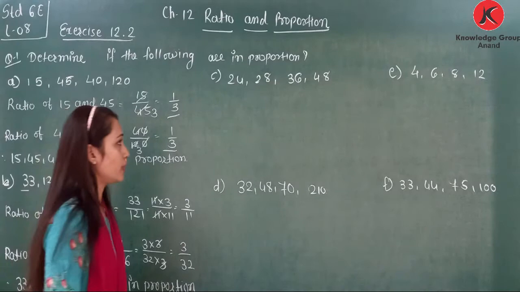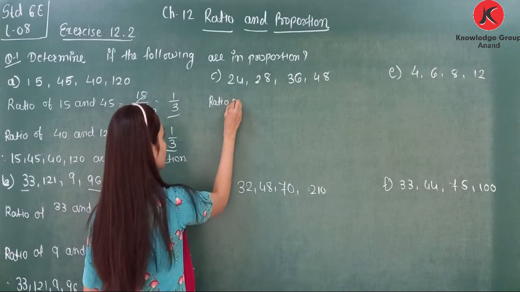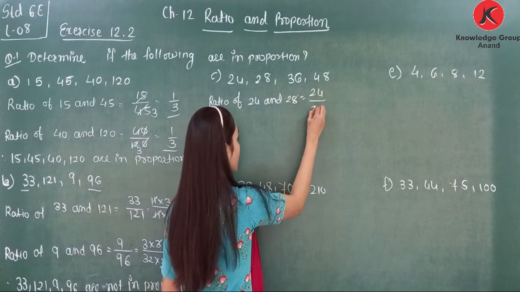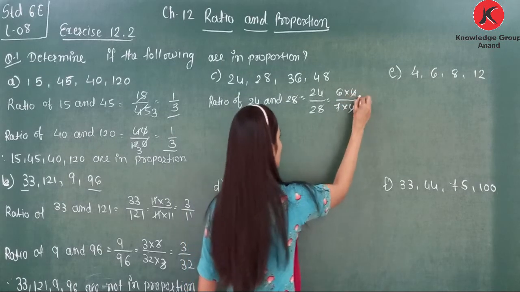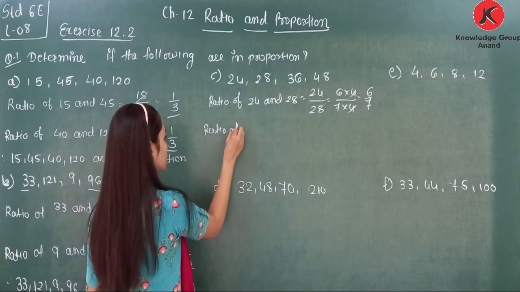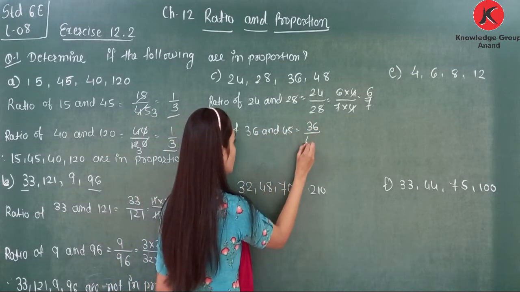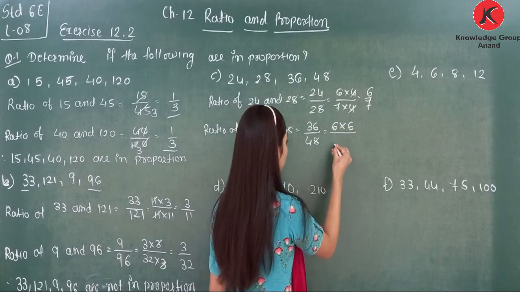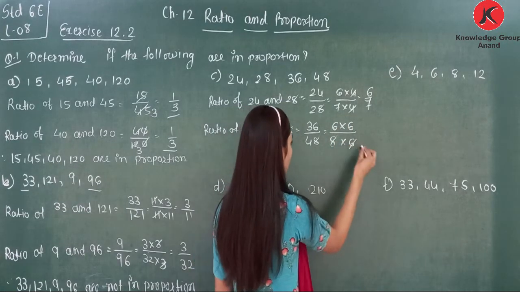Now next one, 24, 28, 36 and 48. Let's first find the ratio of 24 and 28. 24 divided by 28. So it is 6 by 7. Ratio of 36 and 48. 36 will be in the numerator, 48 in the denominator. 6 sixes are 36, 8 sixes are 48.